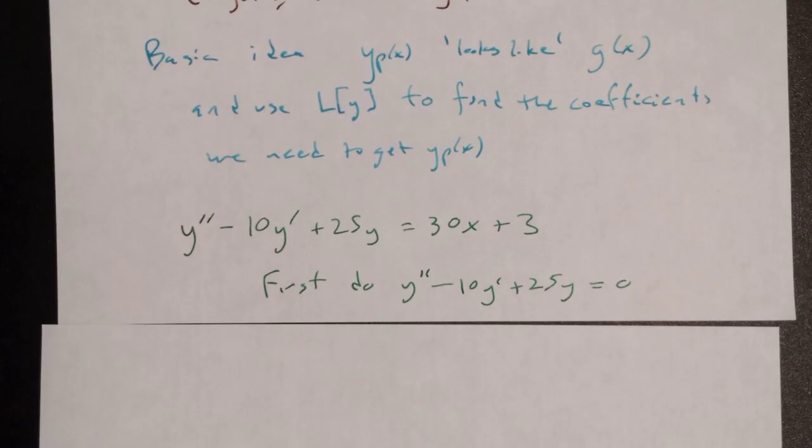What do I need to do? R squared e to the rx. So all I really need is to figure out the r values, right? So the auxiliary equation replaces each derivative with a power of r.